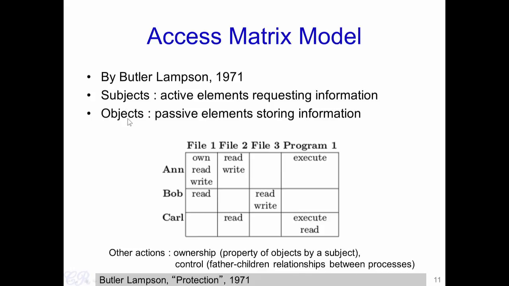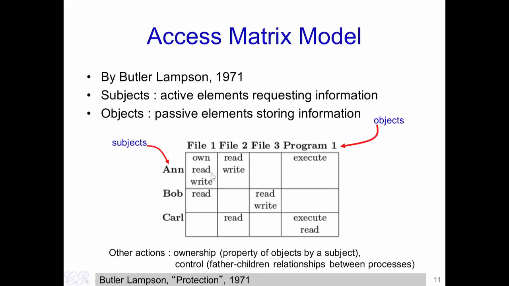In addition to this, it also has a table in this form where each cell has some particular actions. Subjects are active elements in the system, such as users of the system or processes or programs that are requesting information. Objects, on the other hand, are passive elements which, for instance, store information.